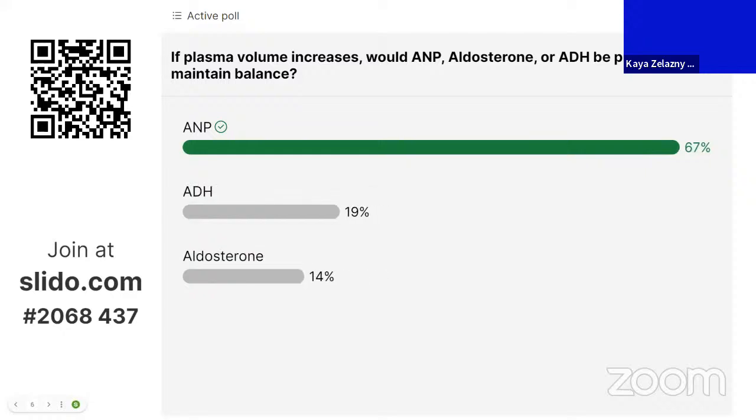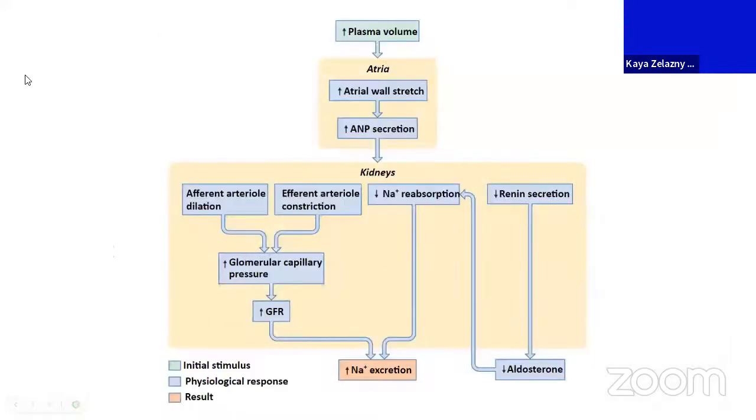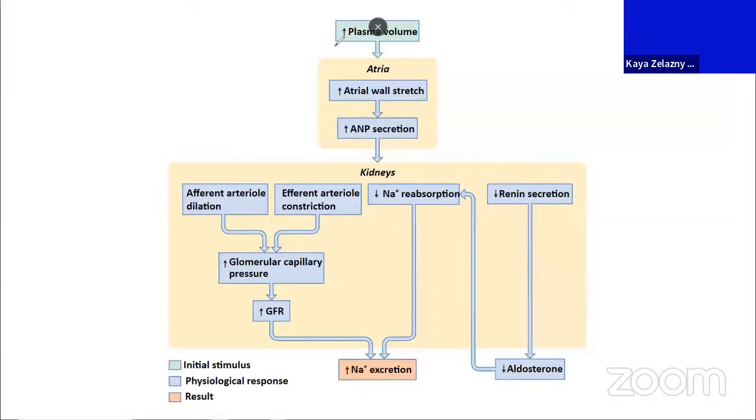So going through this flow chart, what we're doing is noticing that we have a rise in plasma volume. Plasma is the watery part of your blood, the extracellular fluid surrounding your blood cells.